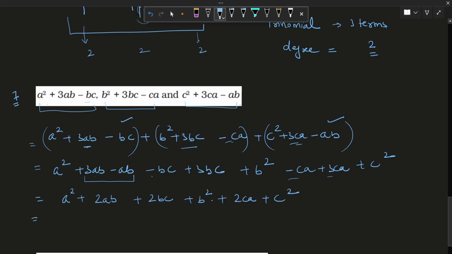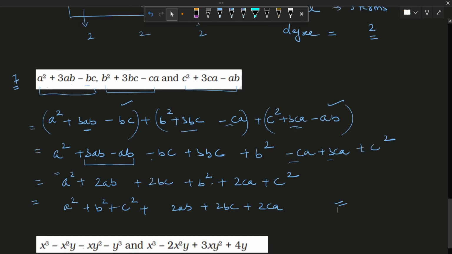Now when we write an expression in standard form, we write the highest powers first. So a square, then b square, then c square, then 2ab plus 2bc plus 2ca. This has become an identity expression that you will learn in your 9th grade: a plus b plus c whole square.